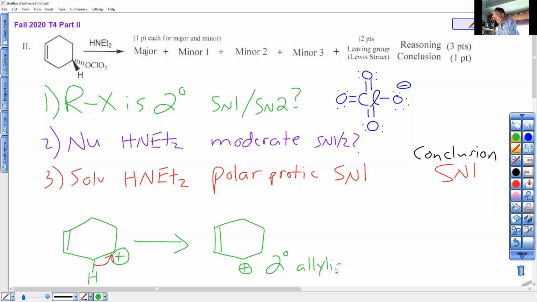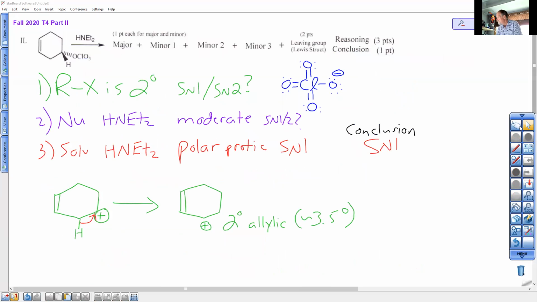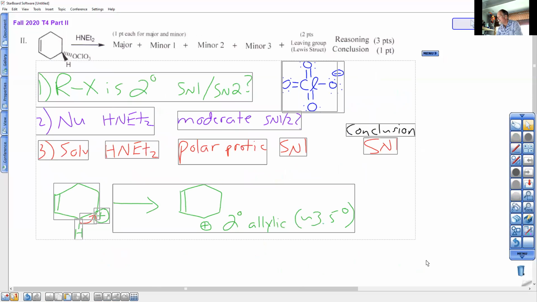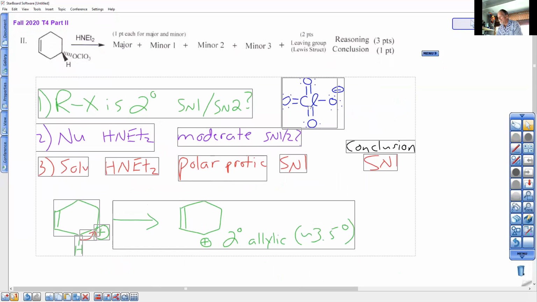That's the equivalent of a 3.5 degree stability carbocation. That's very stable. I want the major product to come from this one, and we've got to show we know that. I'm going to shrink this down a hair, move these things down a little so I can draw the products underneath their labels.